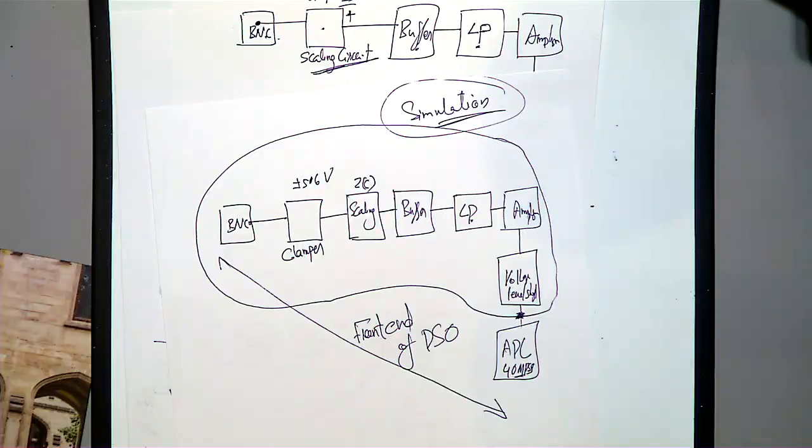Sometimes they put a buffer and amplifier together, but please don't shift the clamper, because there is no point in putting it after a couple of blocks, after the voltage level shifter. The scaling circuit and the impedance matching are also at the input, so you can't change those. But for the other blocks, the amplifier and buffer, you have a bit of flexibility. You can add one more inverter, depending on how you are designing the filter.